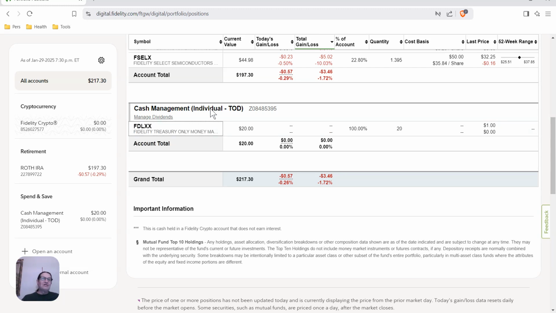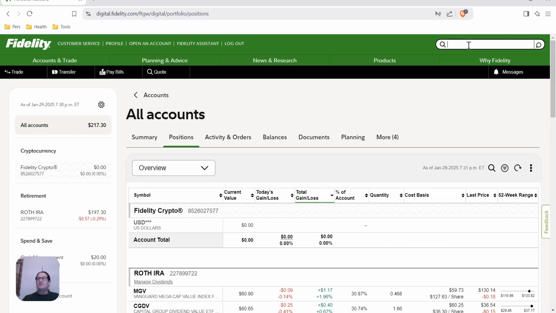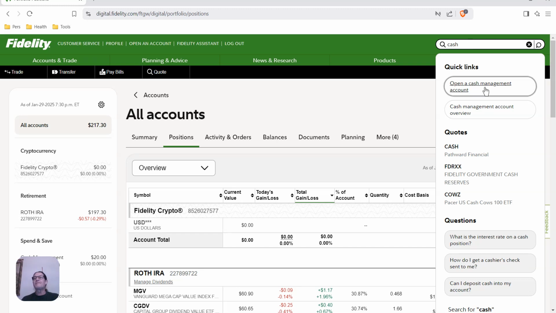So how do you do this? I already went through it in a prior video, but again, it's really very simple. Go to the search box here, type in cash management, click on open cash management.